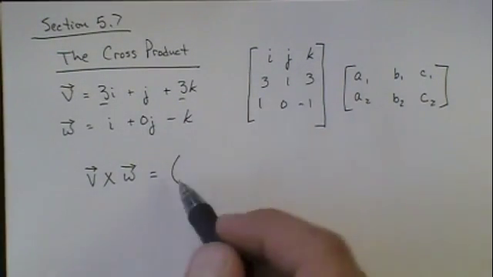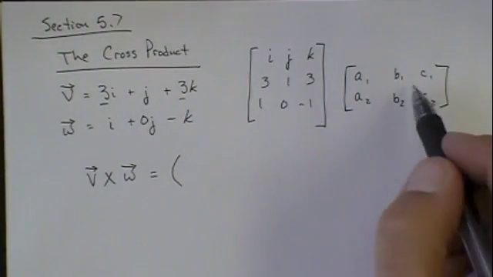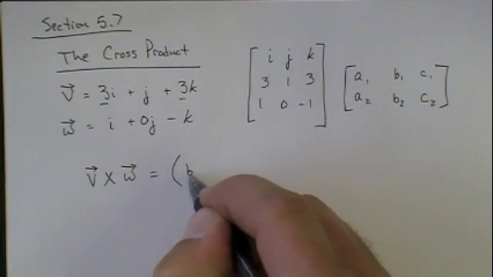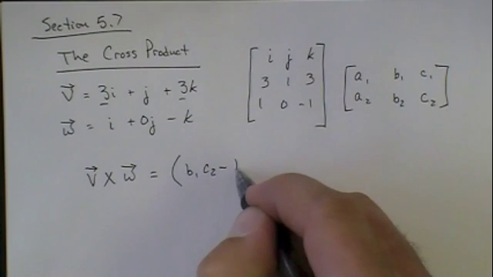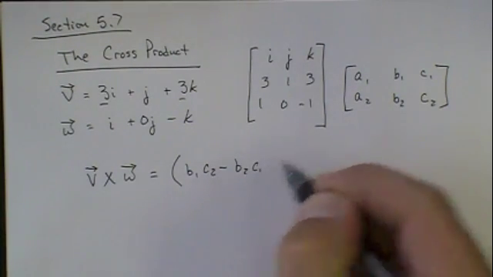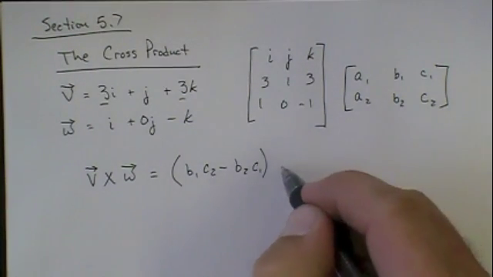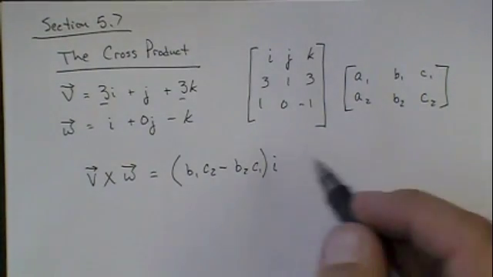So for example, here when we do this cross product, I would take B1 times C2 minus B2 times C1, and that would give me my i component for the cross product.